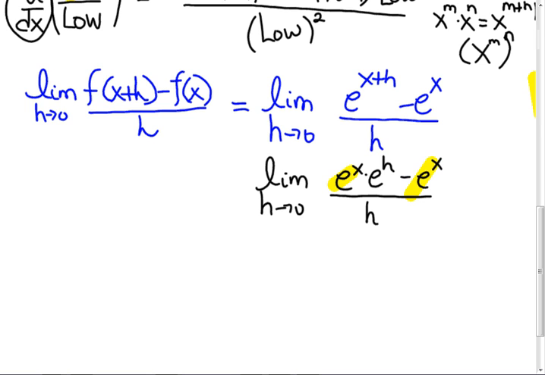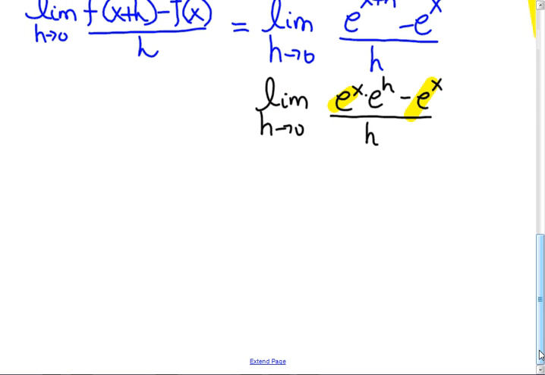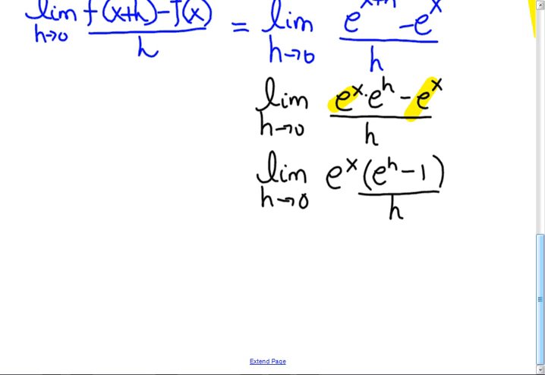Well, I like doing this problem because there's something interesting that happens here. This limit refers only to h, not to e to the x, all over h. And you know what I can do with that then? I can pull e to the x out of the limit operator because that doesn't affect it. It only affects h.